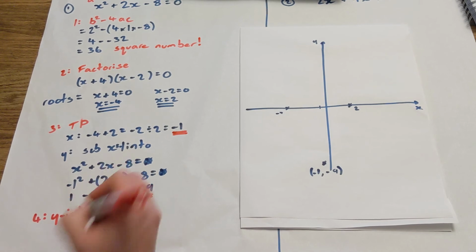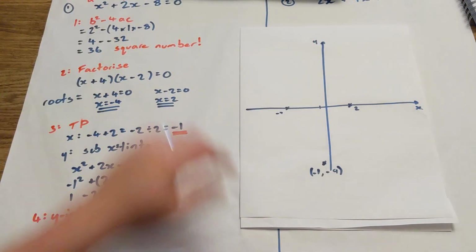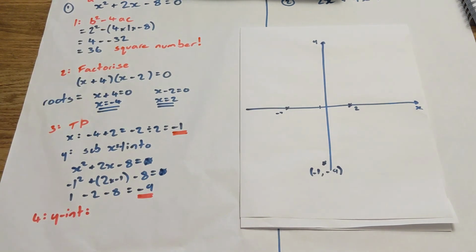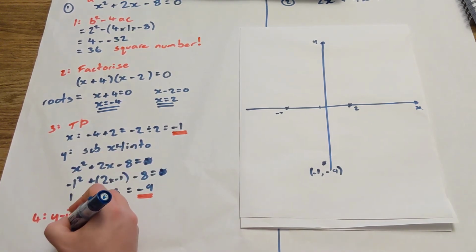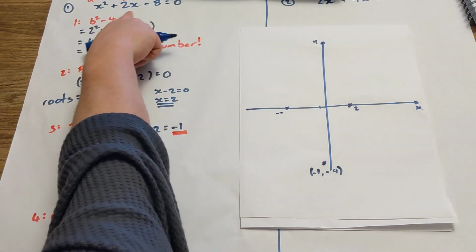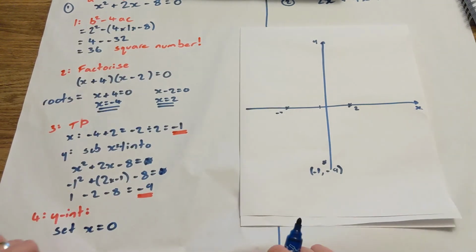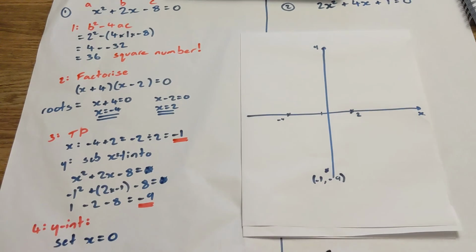Remember, how you work out the y-intercept is by setting x equal to 0. So first then we'll set x equals 0 into this equation here.